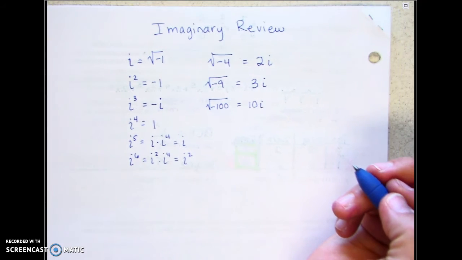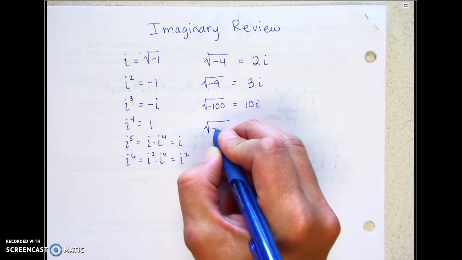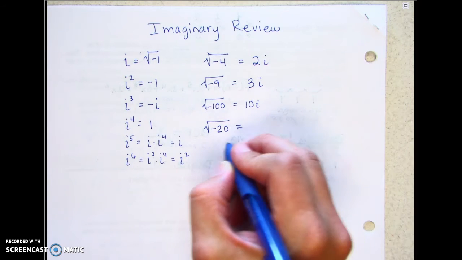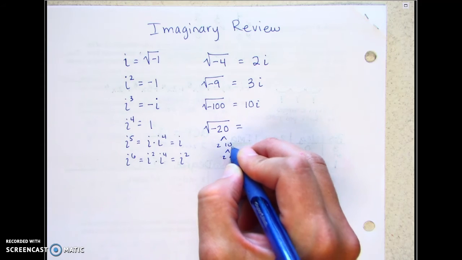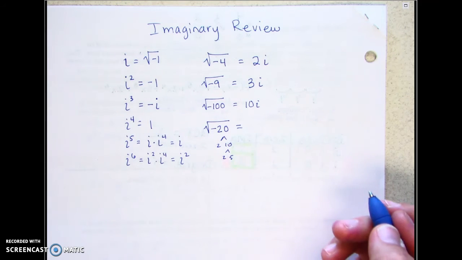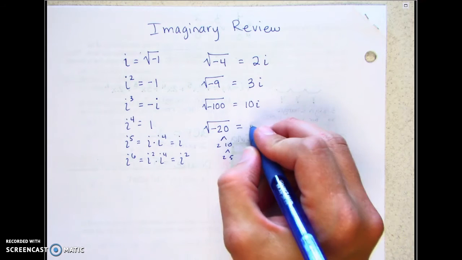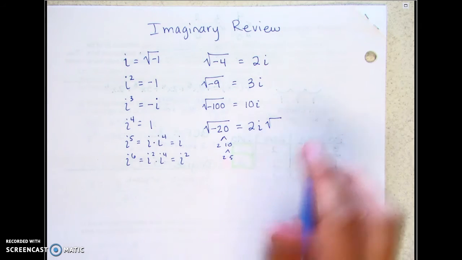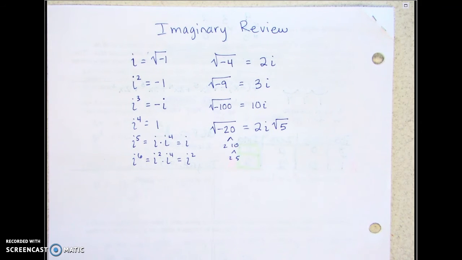Like that, okay? What about if you have something that needs to be simplified, like the square root of negative 20? 20 is going to be 2 times 10, 2 times 5. So the 2 gets to come out, and the negative gets to come out as an i. So we're going to have 2i, but the 5 doesn't get to come out, so the 5 stays inside. You get that? Okay.